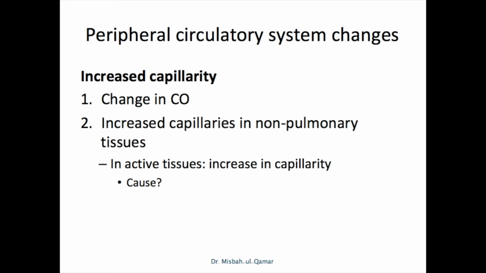This adaptation occurs especially in animals born and bred at high altitude. And then in active tissues like the right ventricle, when exposed to chronic hypoxia, there is a marked increase in capillarity. And this is a combined effect of hypoxia and excess workload on the right ventricle caused by pulmonary hypertension.